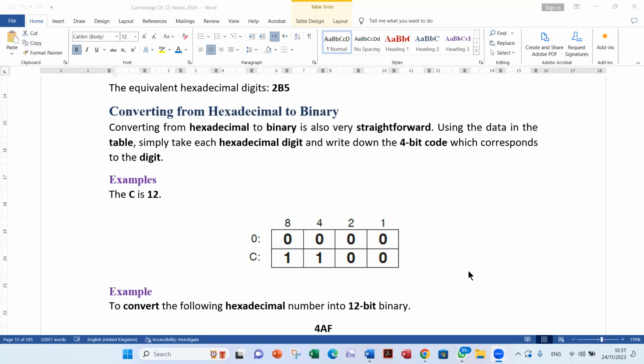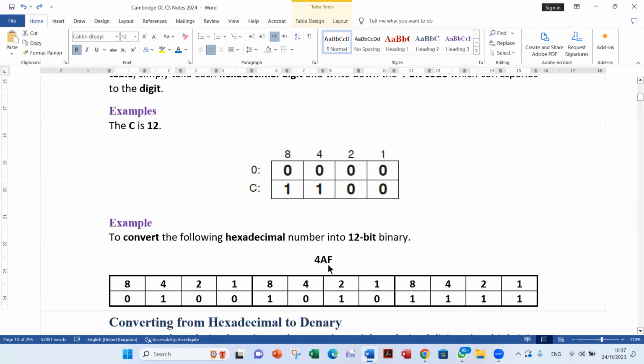So 4 is 0, 1, 0, 0. A is 10 and it is 1, 0, 1, 0 because it's 8 plus 2. And F is the last digit. F is 15. And also I know that 15 is 4 ones because it is 1 plus 2 plus 4 plus 8. Okay? Okay, that was easy.